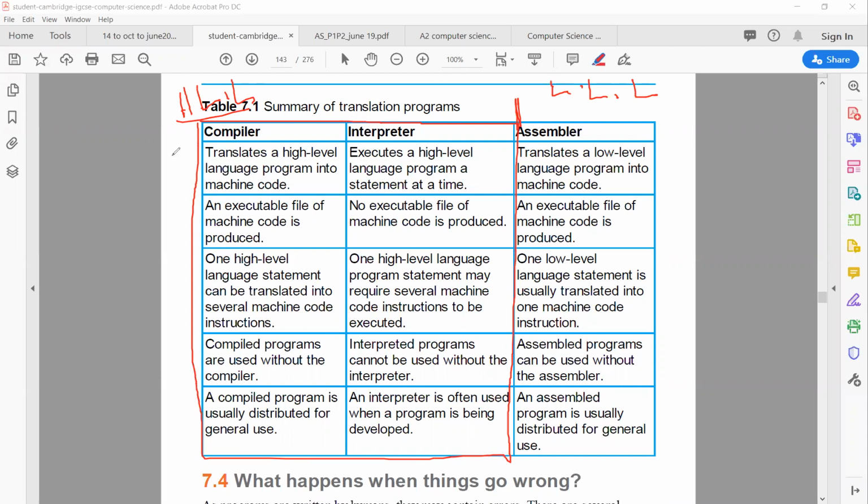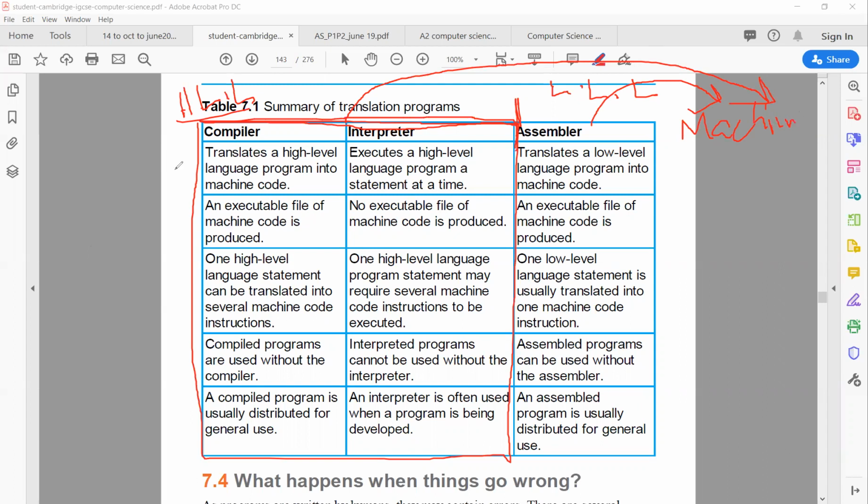So the first two are for translation of high level language into the machine code. Ultimately, we will go to the machine code. These translators also translate the code into the machine code. Now let's see what their difference is.